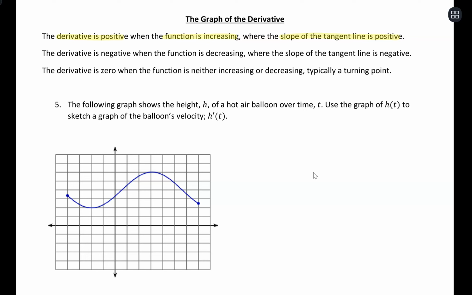The derivative is negative when the function is decreasing, where the slope of the tangent line is negative. And our last piece is that the derivative is equal to 0 when the function is neither increasing nor decreasing, which is typically a turning point, like where we're switching from increasing to decreasing. This could also come through as a local minimum or maximum value.